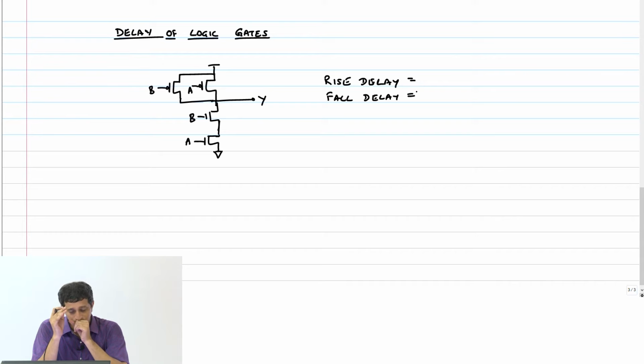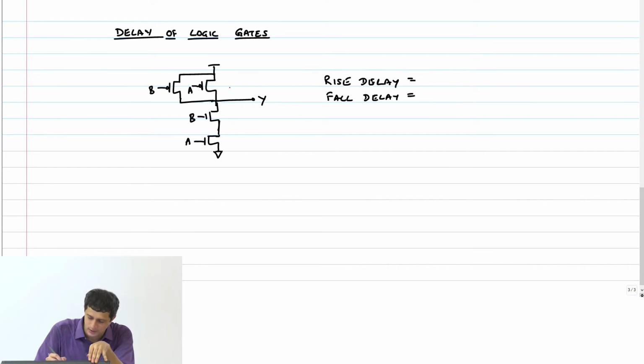In each rise and fall, there are two kinds of delays that we will see: the worst case delay and the best case delay. Okay. Why is that? Because, for example, if you take the rise delay, only one transistor pulling up the output would be the worst case delay, right?